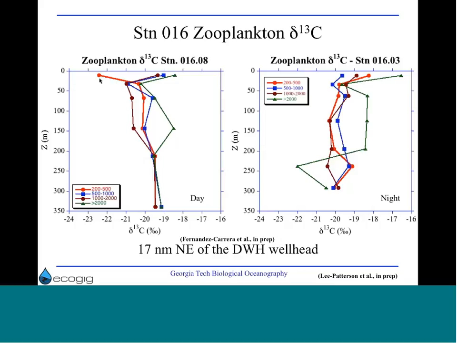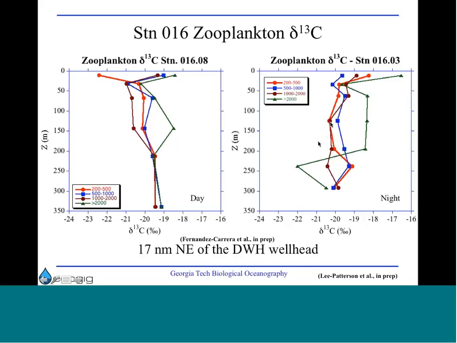Now, low delta C13s reflect incorporation of oil or gas-derived carbon, and what this pattern suggests is that animals that persist at the surface all of the time, so small animals that don't migrate, have assimilated more oil and gas-derived carbon than anyone else.